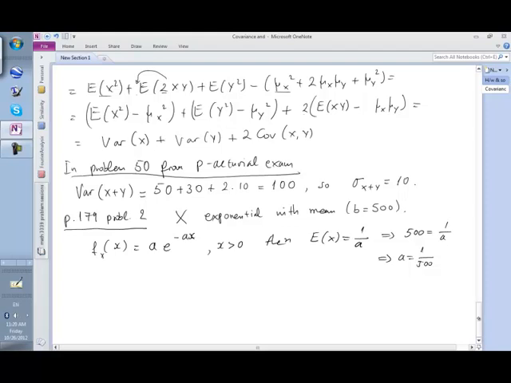So now having the parameter that I need for this random variable, I can write down the formula for this random variable. It's exactly this. And of course the PDF of x is equal to 0 if x is less than or equal to 0.